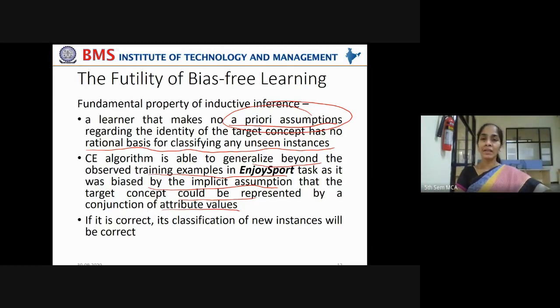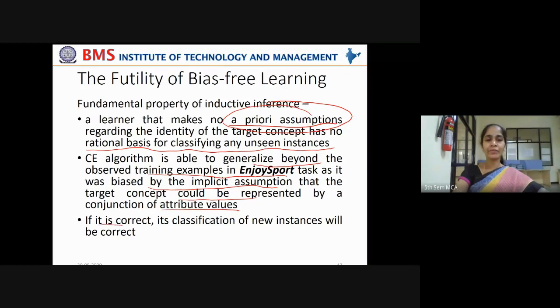So it has a bias initially, an assumption initially. What is that assumption? That the target concept should be represented only by a conjunction of the attribute values. Disjunctions are not allowed, right? That is the assumption made by this EnjoySport task learner, and that is why it is able to predict correctly most of the new data points.